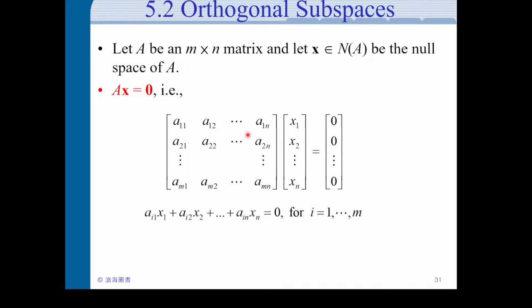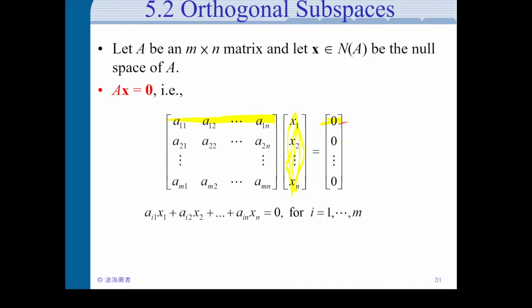If you look at this equation in more detail, what are all those 0s? The first 0 is this row vector times this column vector, so it's an inner product between a row and a column.